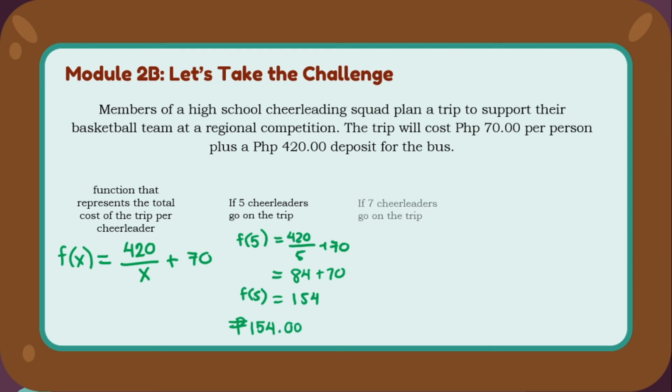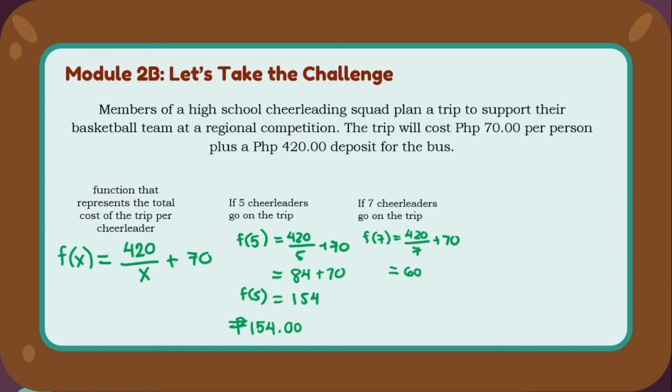Very good. Next. If 7 cheerleaders go on the trip, alright? So let us again substitute. f of 7 is equal to 420 over 7 plus 70. What is 420 divided by 7? 420 divided by 7 is equal to, okay, 60.